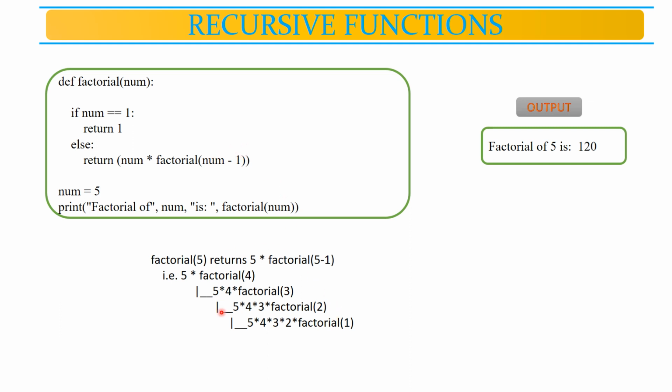In another step, 5 into 4 into 3 into 2, and factorial of 2 minus 1, which is 1. Up to this, it is 5 star 4 star 3 star 2 star 1. The factorial is 120. Here again the value 1 is there, so 1 is equal to 1, the condition becomes true, so it returns the value 1. So this is called a recursive function, that is, the function calls the function itself.